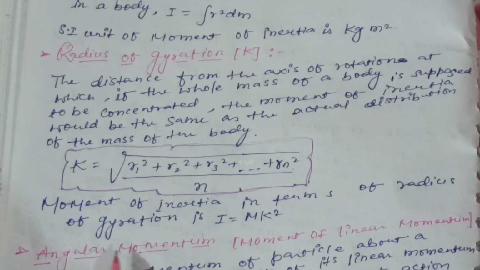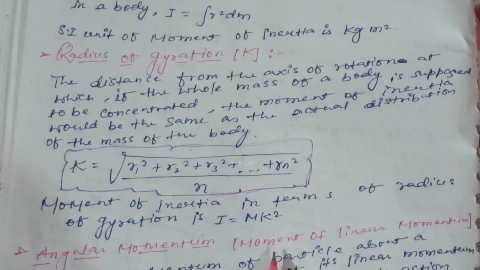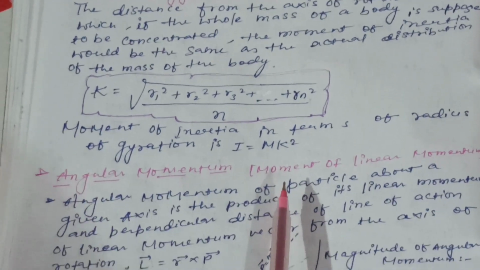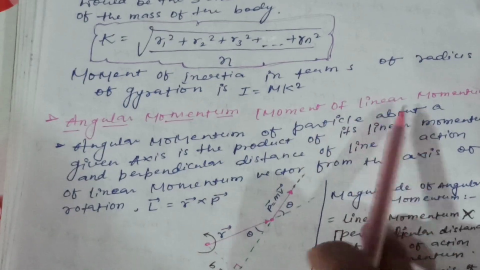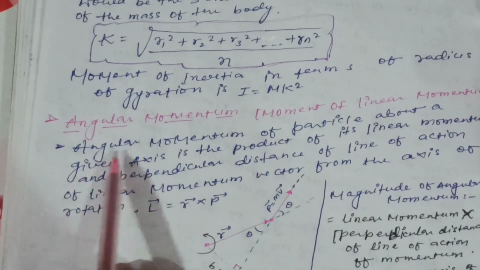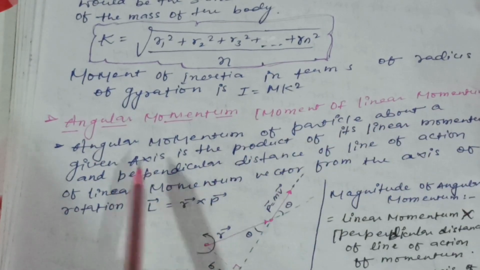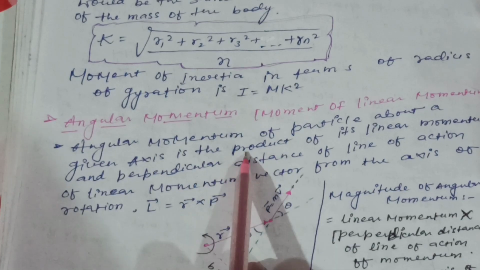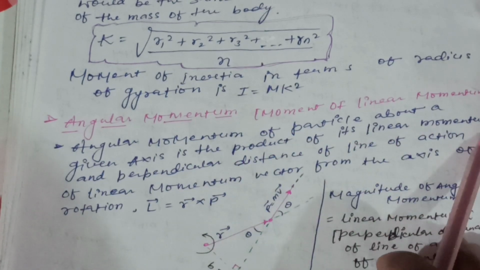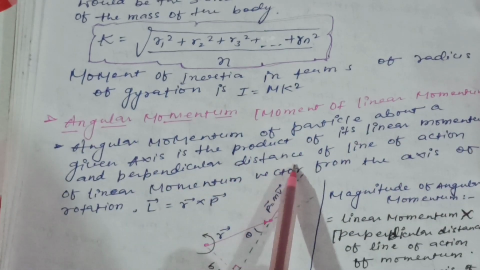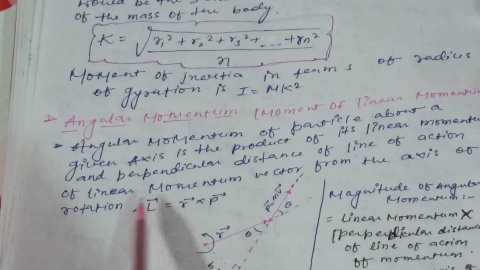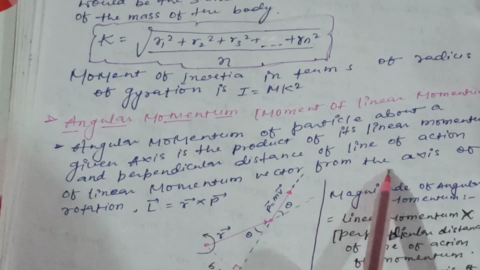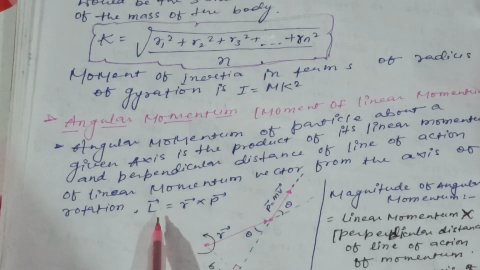Angular momentum, the moment of linear momentum. Angular momentum of a particle about a given axis is the product of its linear momentum and the perpendicular distance of the line of action of the linear momentum vector from the axis of rotation.